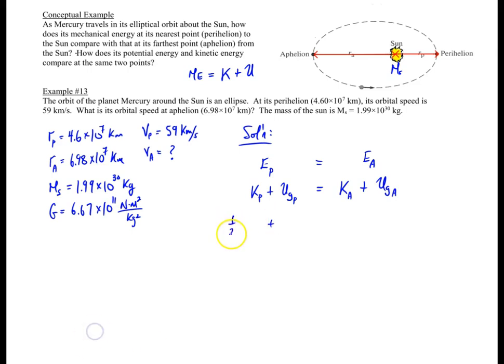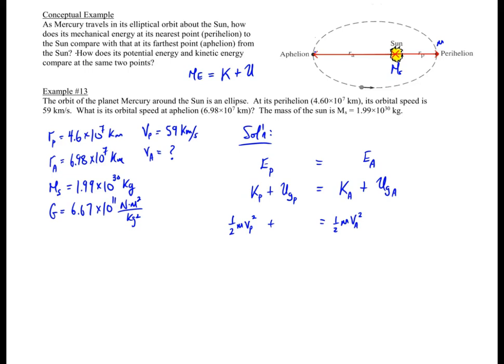Our kinetic energy is 1/2 the mass of the planet, little m, times the velocity at perihelion squared. The kinetic energy at aphelion would be 1/2 the mass of planet Mercury, again, multiplied by the velocity at aphelion squared.